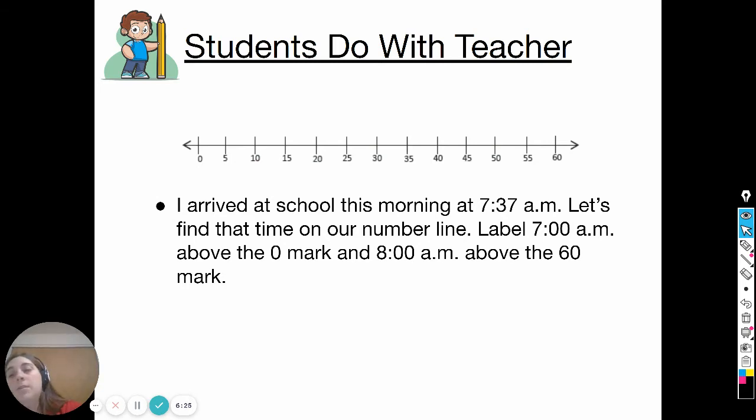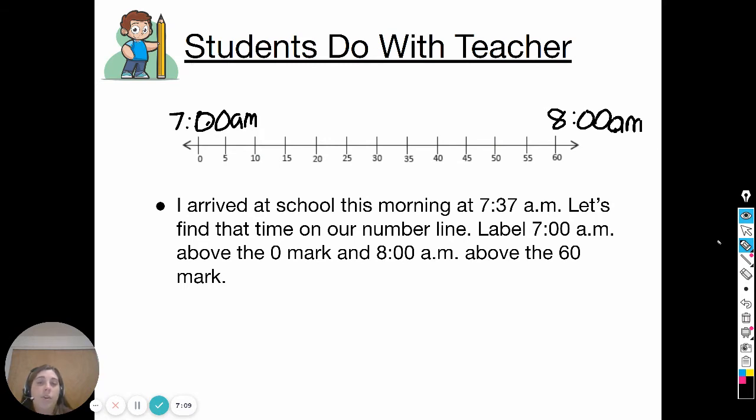Okay, so 0 is going to be 7 a.m. and 60 is 8 a.m. Make sure your number line says that as well.